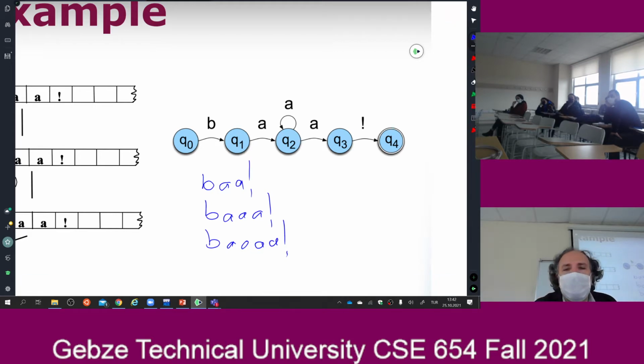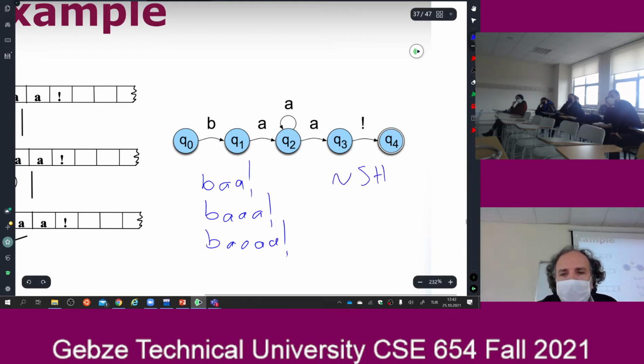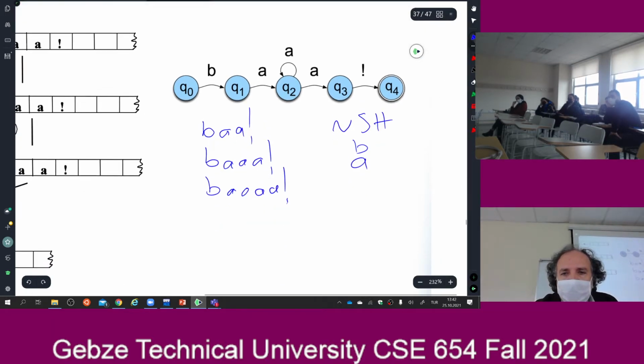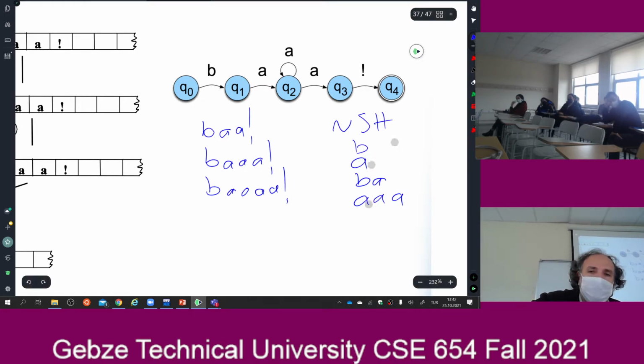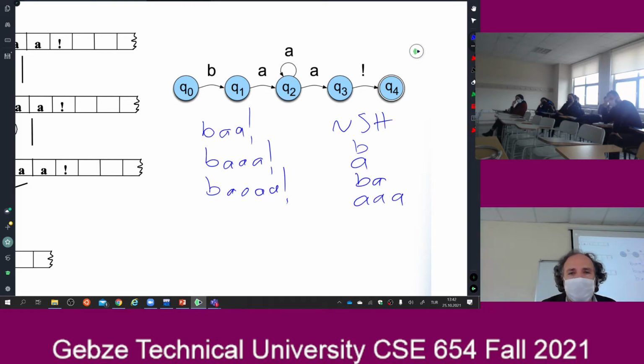How about the negation of the sheep language? This one, right? This one, this one, this one. So it's a much larger accept set. These are all accepted by the negation of the sheep language.